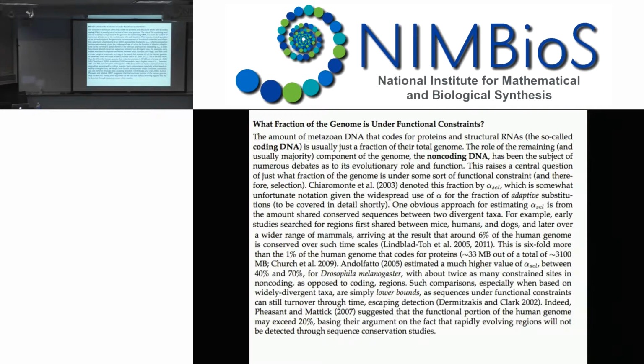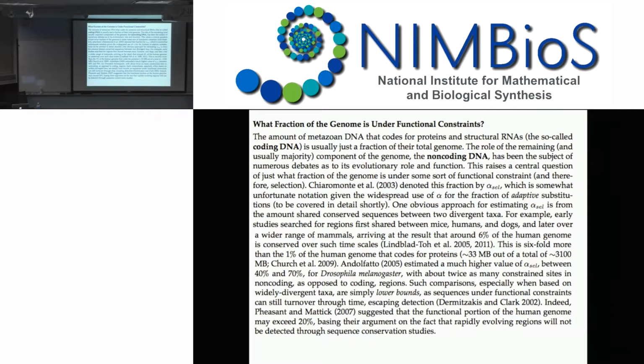Now, part of that is boundary regions. When I say coding region, I basically mean if you look at processed messenger RNAs. So obviously those introns would be regarded as being non-coding, even though they're transcribed. There obviously are signals in some of those, but the bottom line is one initial estimate based upon long-term conservation, so mice, dogs, and humans, is about 6% of our genome is conserved, 6 times more than the actual nucleotides used for coding.